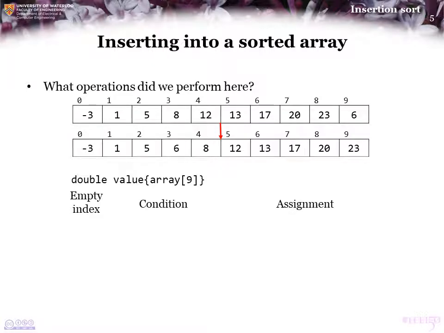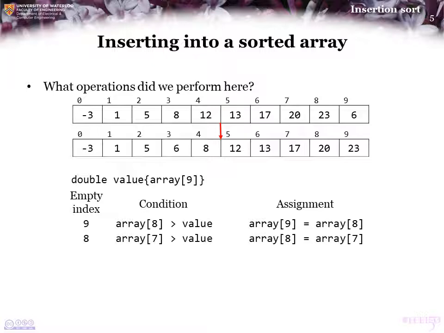Now, that creates a hole in the last location. So there's a hole at index 9. And then we checked, is what is at index 8 greater than the value? Yes, it is. If it is, then we copied over or assigned entry 9 the value stored in entry 8. Okay, so that moved 23 over by 1.